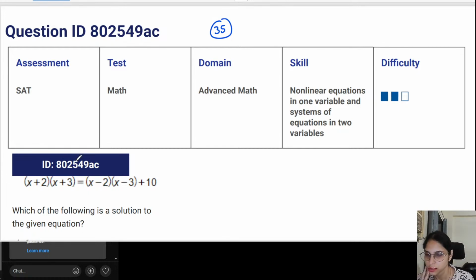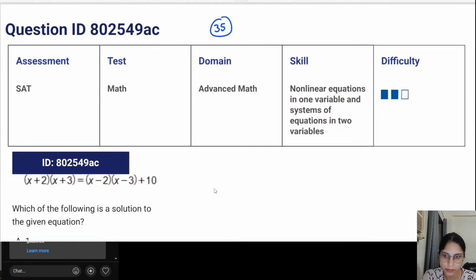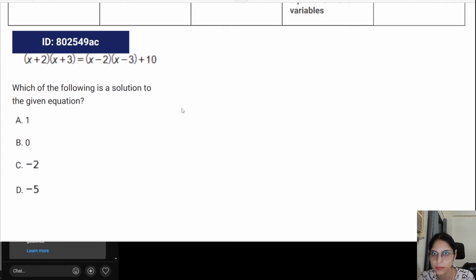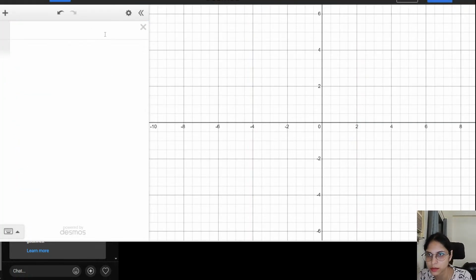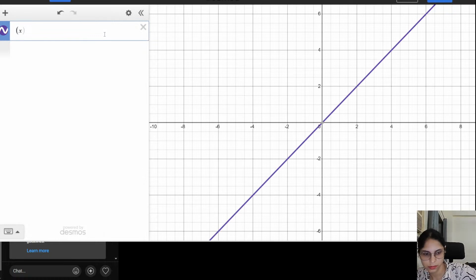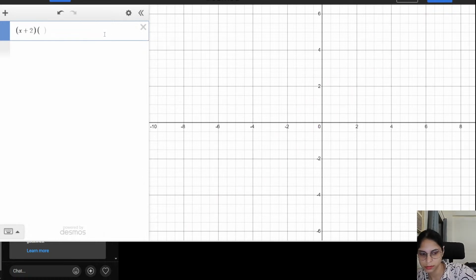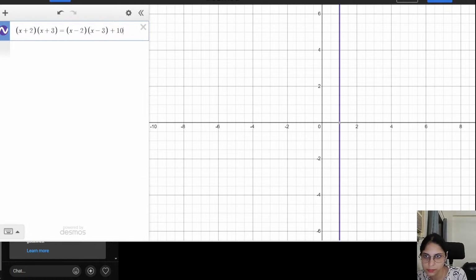So x plus 2 times x plus 3 equals x minus 2 times x minus 3 plus 10. Which of the following is the solution? It's 2 x minus 3 and then plus 10. 1 comma 0.